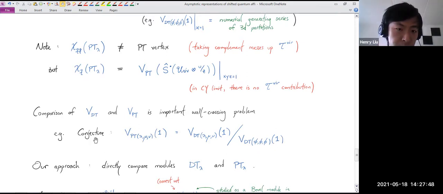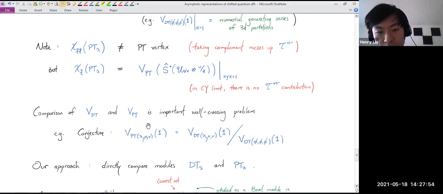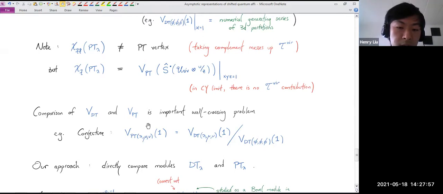This conjecture is not known for the full three-legged case, but when one of the legs is empty, then you can do some combinatorial argument with vertex operators to show that it is true.